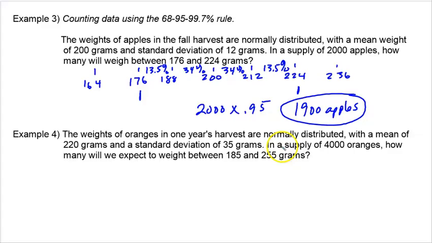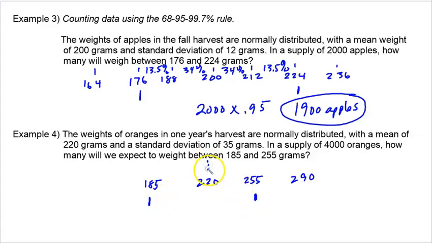The weights of oranges are normally distributed, a mean of 220, standard deviation of 35. So you could do this little sketch. 185. And I think we've gone far enough because they want us to tell how many of these 4,000 are between 185 grams and 255 grams.